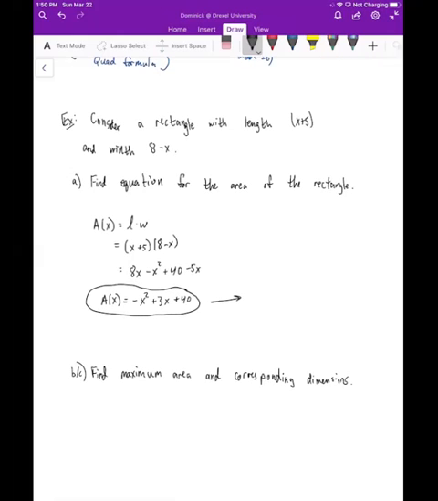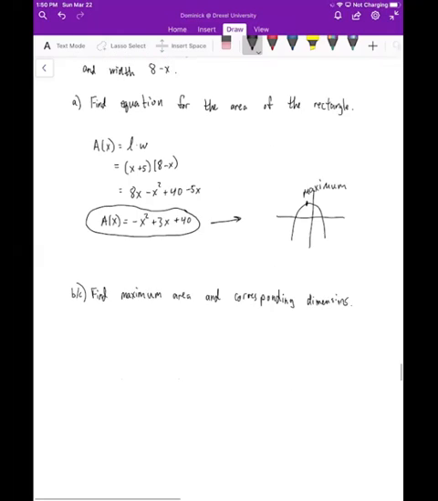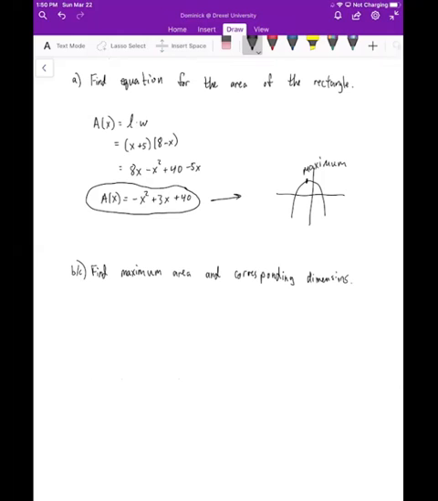Okay, so we have negative x squared plus 3x plus 40, which represents the area of our rectangle. Now again, notice that your a term is negative, so we are indeed going to get a maximum at our vertex. So now let's find what this maximum is. Of course we need the vertex again. And the x coordinate of our vertex is negative 3 over 2 times negative 1.